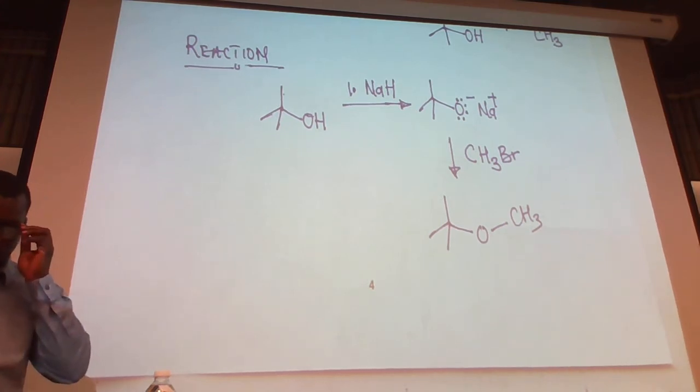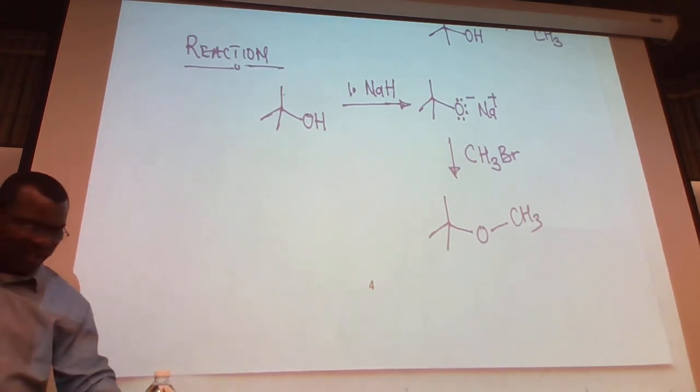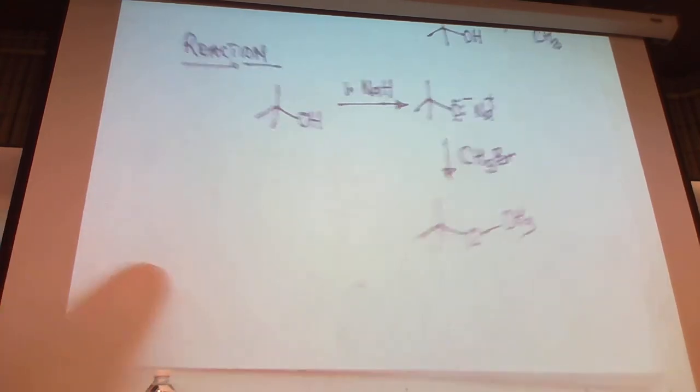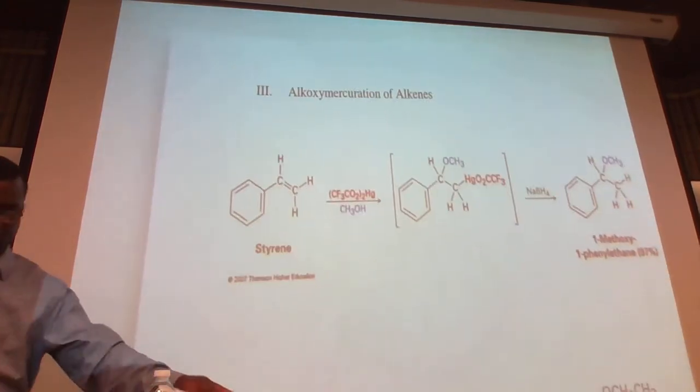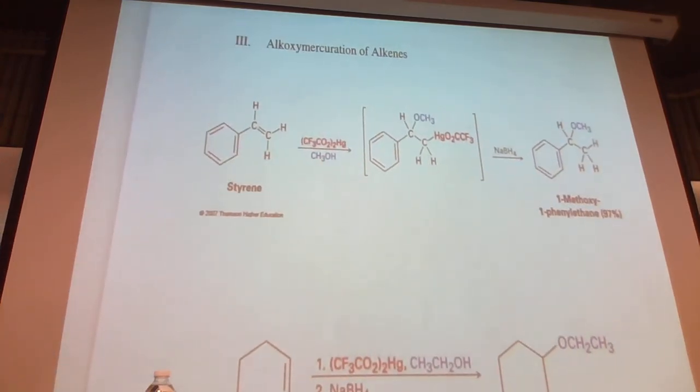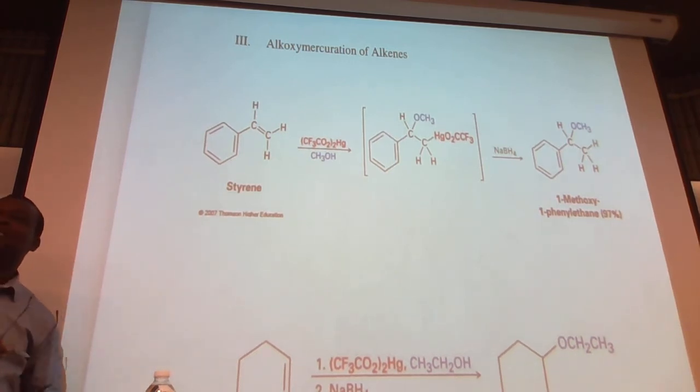All right, another way to make ether, we'll talk about the other way to make it and we'll stop there. Another way to make ether is through alkoxymercuration of alkenes. Does this sound familiar?